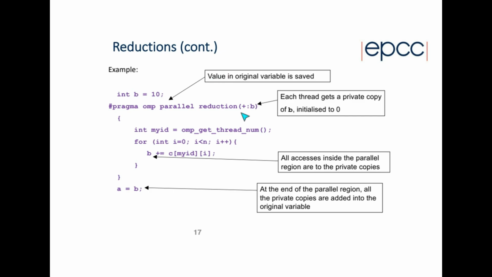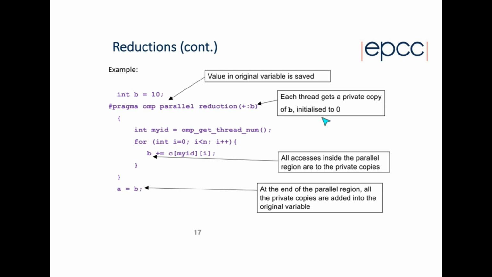By declaring b as a reduction with the addition operator, each thread will get a private copy of b, and those private copies will be initialized to 0. So the initialization depends on the operator. Formally, it's initialized to the identity element for the operator.